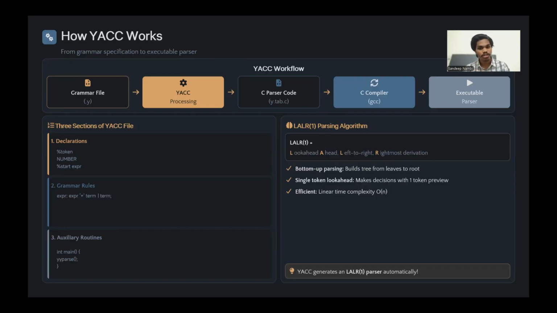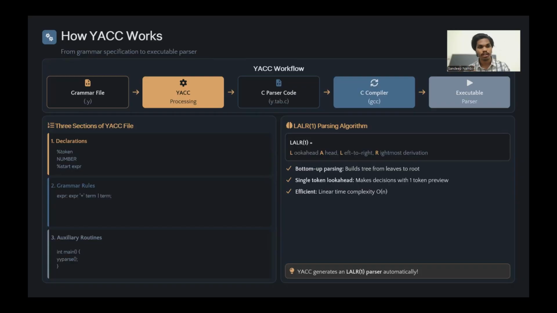In the declarations section, we define our tokens using %token, specify the start symbol using %start, and include any C headers or global variables inside %{ and %}. In the grammar rules section, we write our grammar in BNF-like notation. Here we have an example.